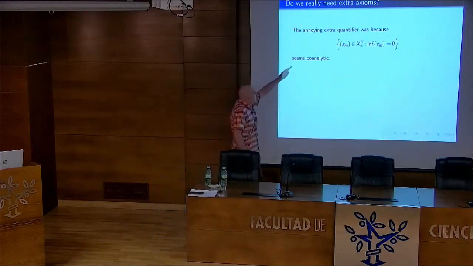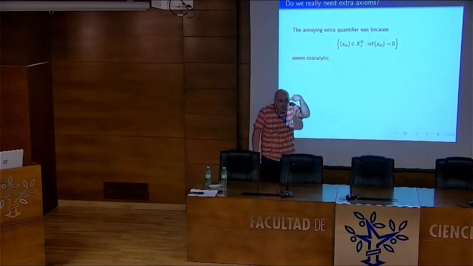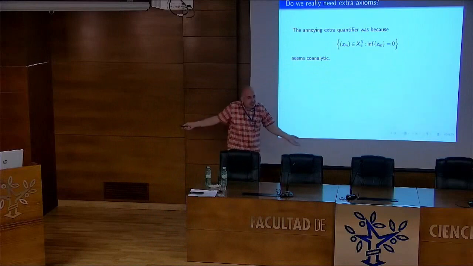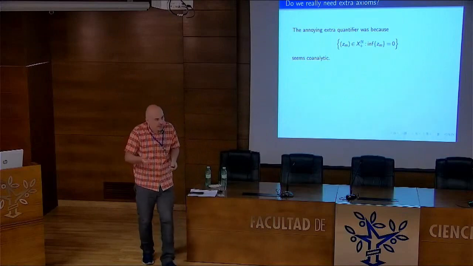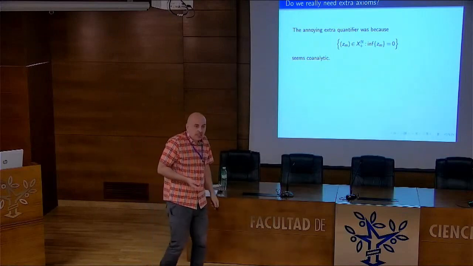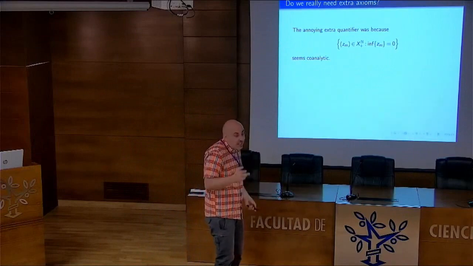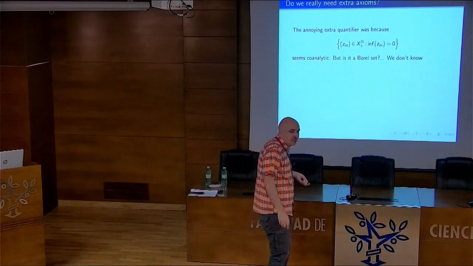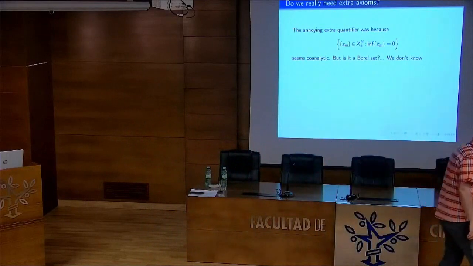From the infimum 0 definition, that it was co-analytic because it has this for all, you are not a lower bound. Can I remove this? Is this really co-analytic, or is there another way to express infimum, which is actually Borel? Because if it's both co-analytic and analytic, it's Borel. Okay, we don't know. Well, no, we have not been able to figure this out.